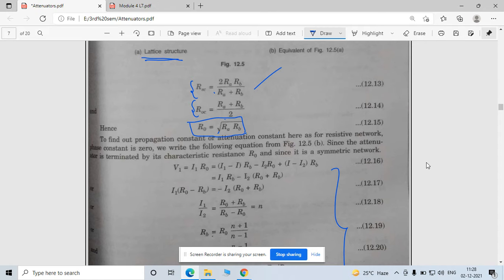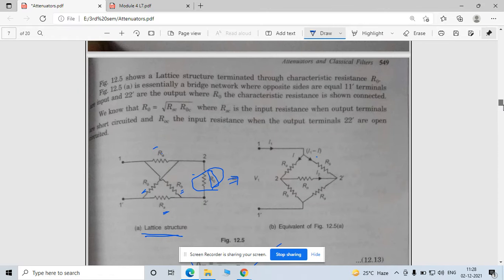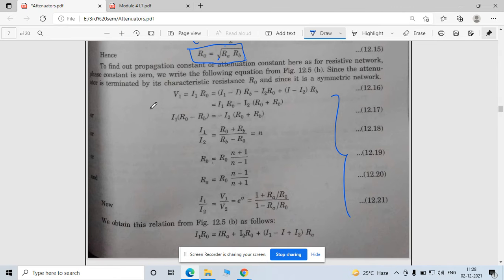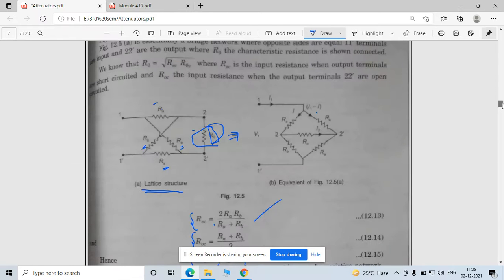Now set up the relation between them by applying KVL to this other loop. See here, V1 is equal to I1 into R naught.